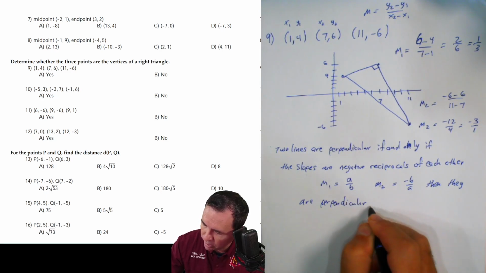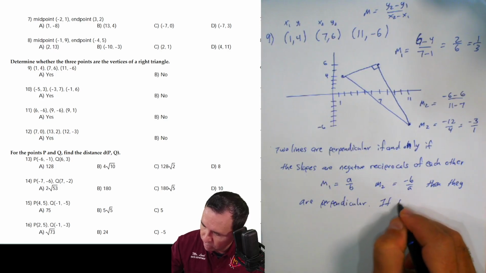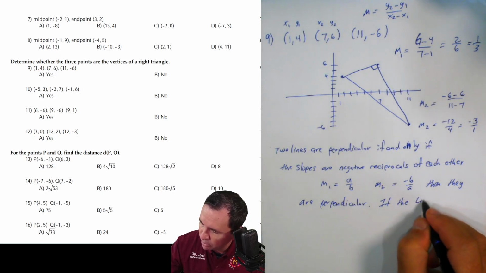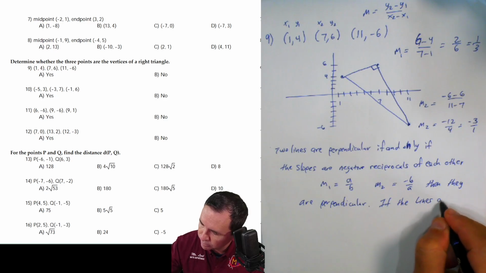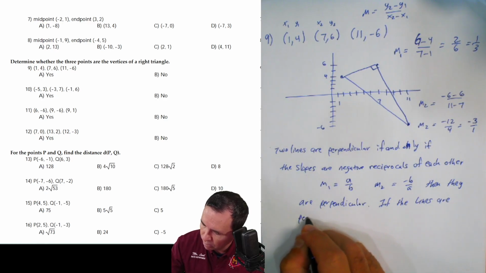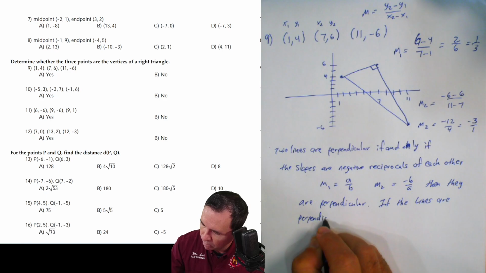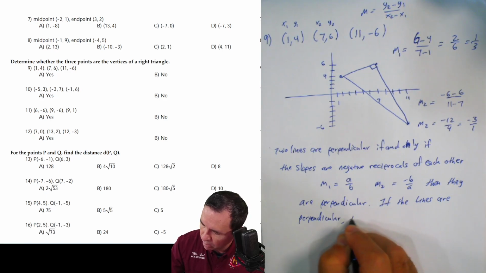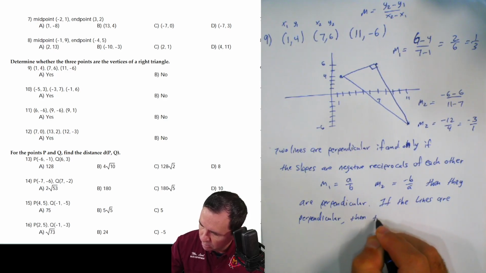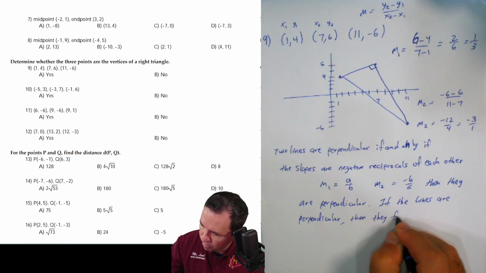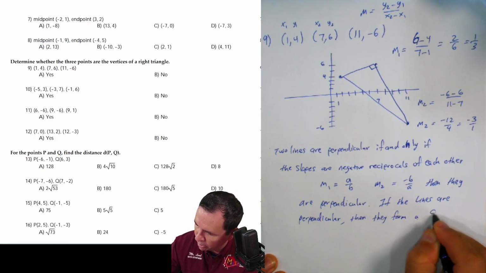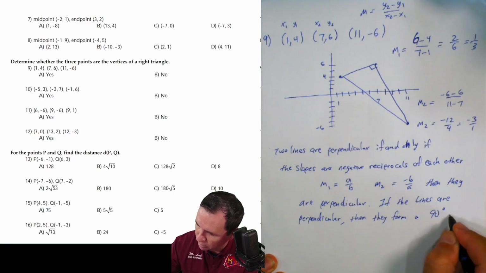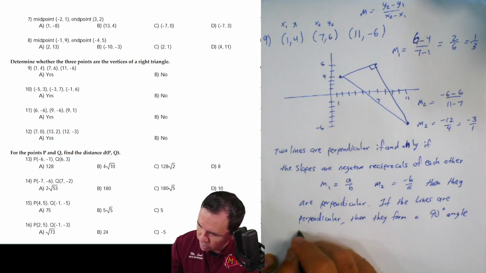And if the lines are perpendicular, then they form a 90-degree angle at the intersection.